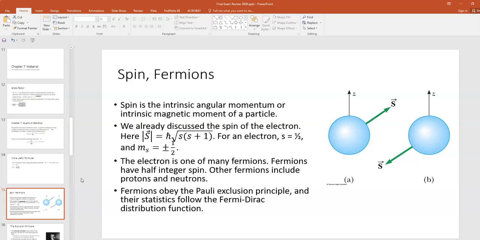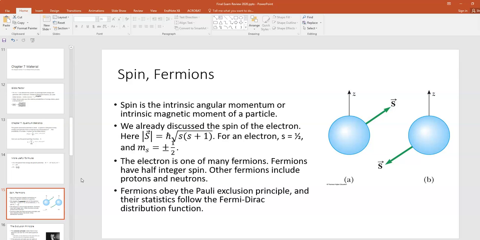For an electron, s is equal to 1/2. It's also equal to 1/2 for protons and for neutrons as well. And of course, fermions are classified as half-integer spin particles. Now the magnetic quantum number for spin is plus or minus 1/2. The plus part is usually considered, quote-unquote, spin up, and the minus part is, quote-unquote, spin down.